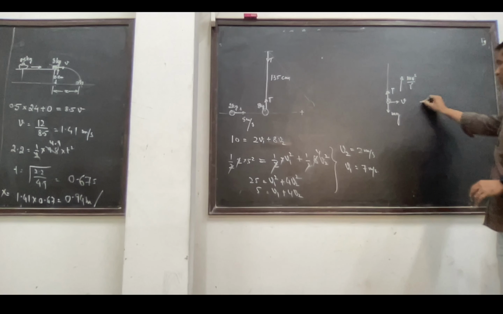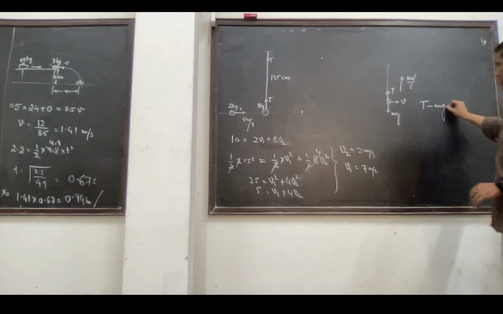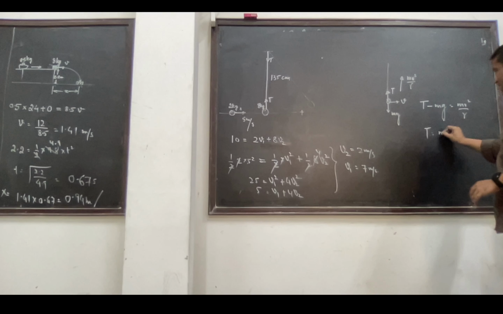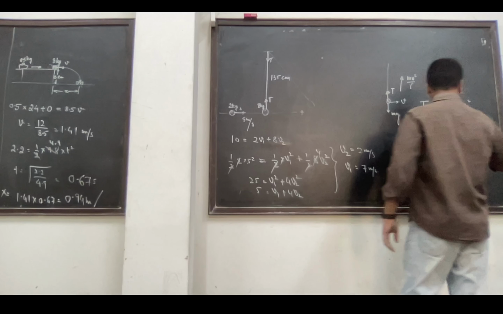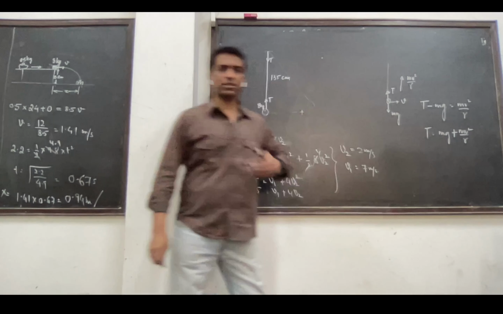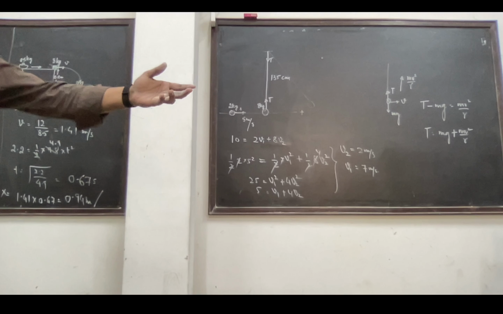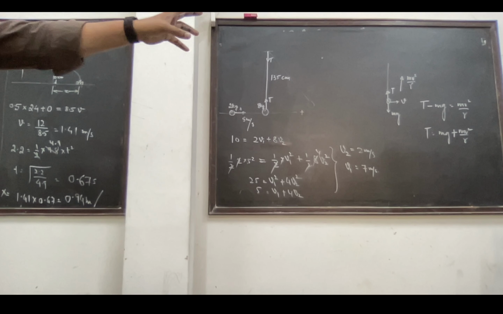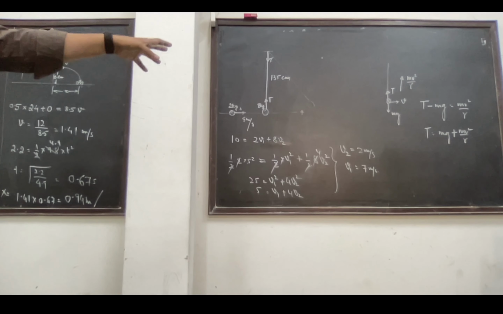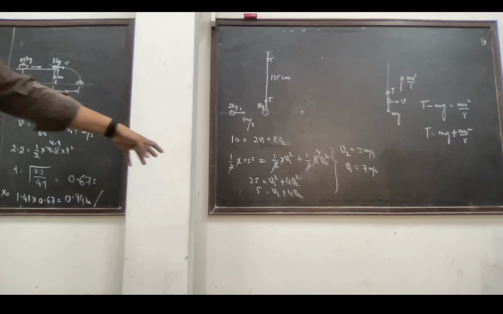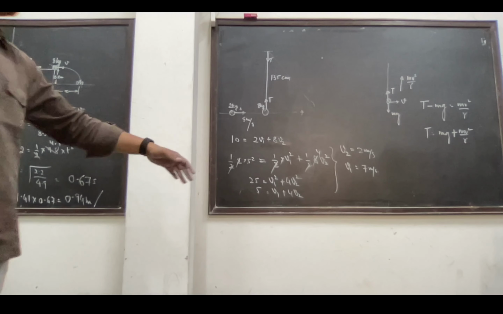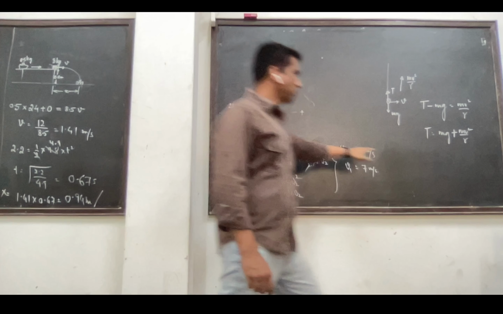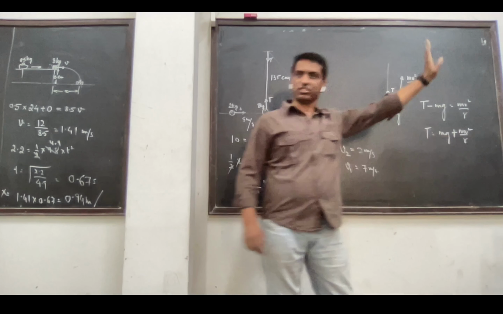So the new equation will be T minus mg is mv square upon r. So T is equal to mg plus mv square upon r. So you see that your tension will increase by the amount of mv square upon r. Okay, so tension will not remain the same, and this comes not because the mass hanging is increasing, but because the velocity is changing direction.